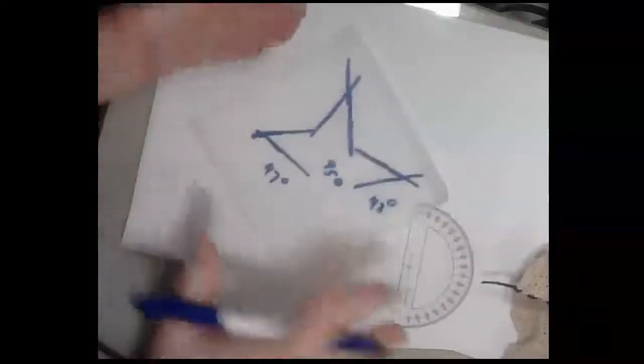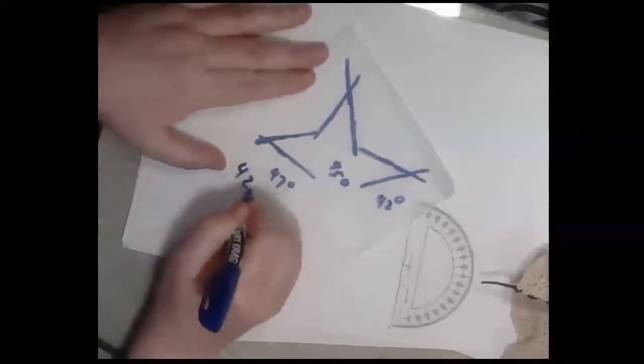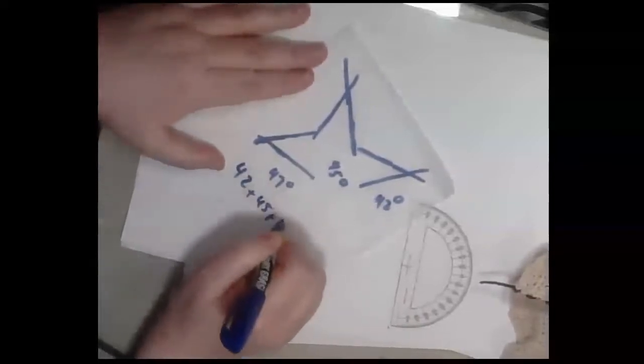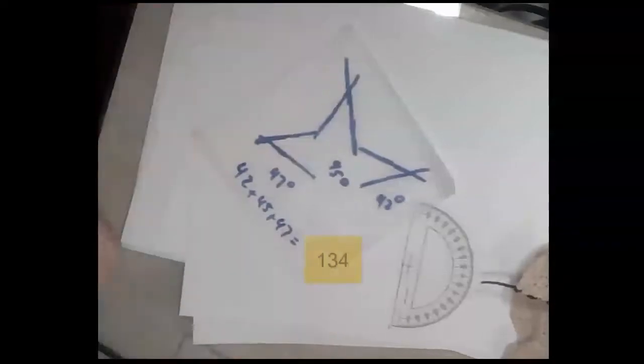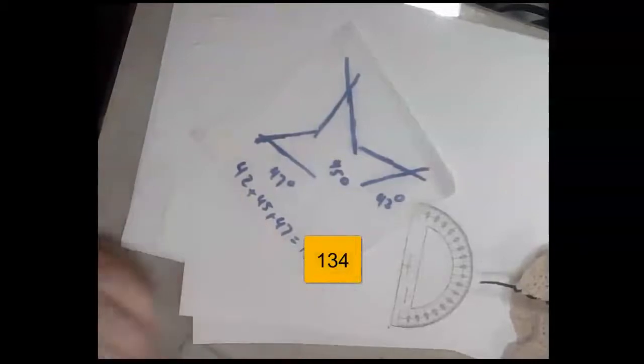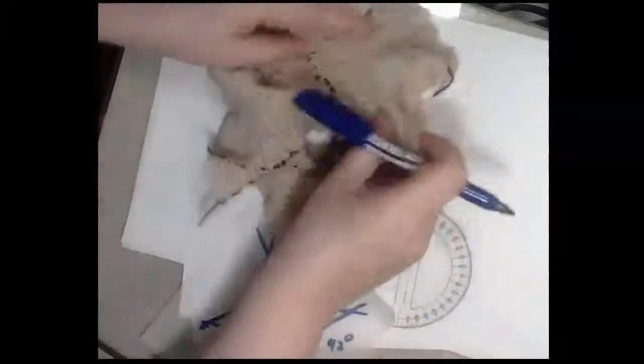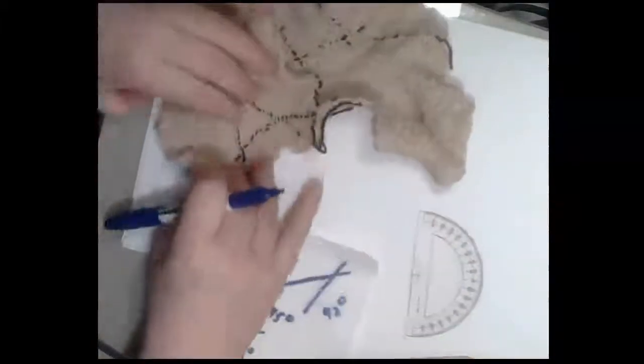So my angles in that triangle add up to whatever that is. And so we get different things happening with these triangles because of the shape of this surface.